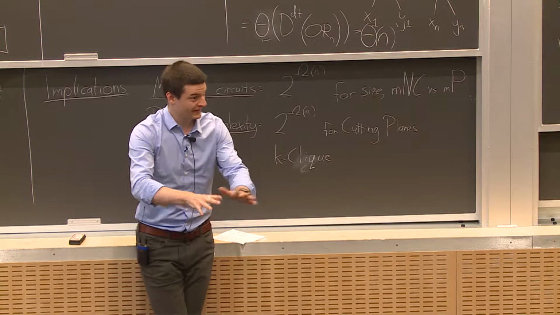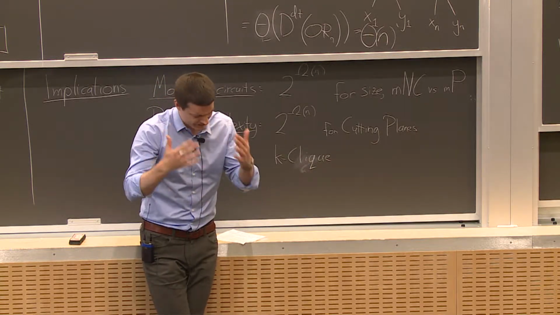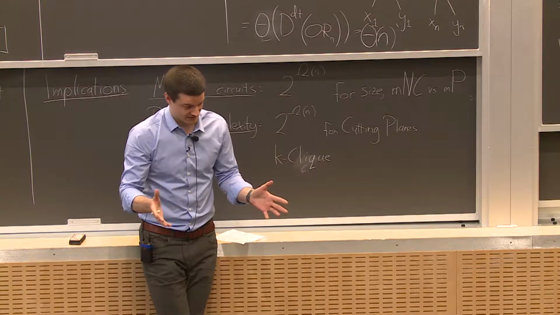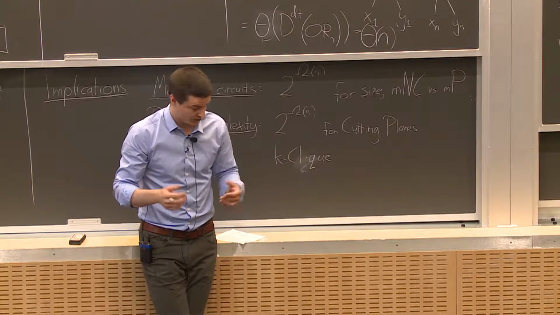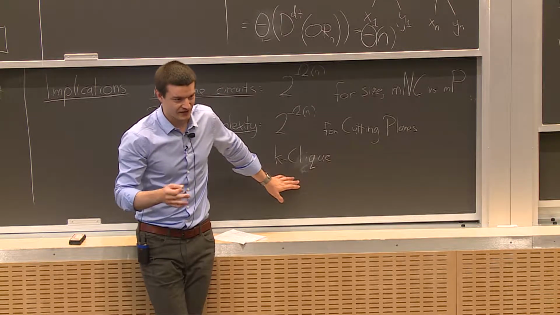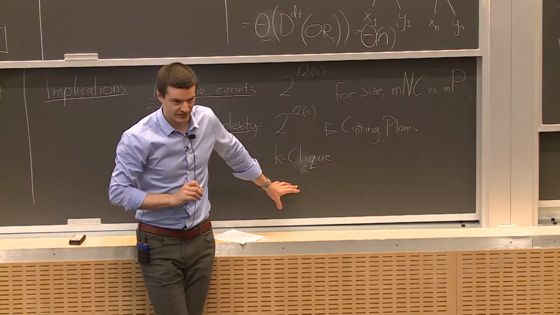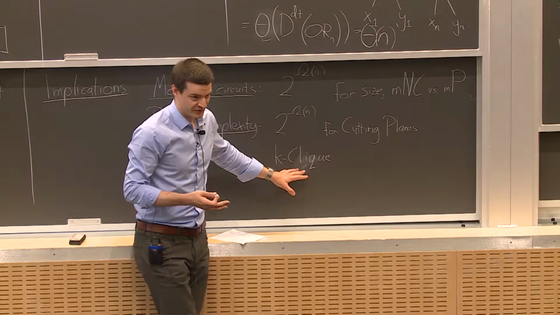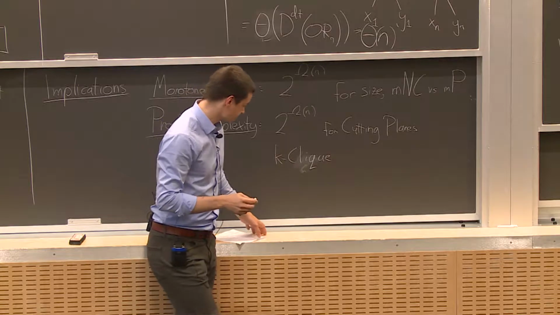Even though the graph really doesn't contain a K-clique, the formula states that it does. So it's an unsatisfiable formula. And to refute it, the most naive way is to kind of cycle through all possible K subsets of nodes.